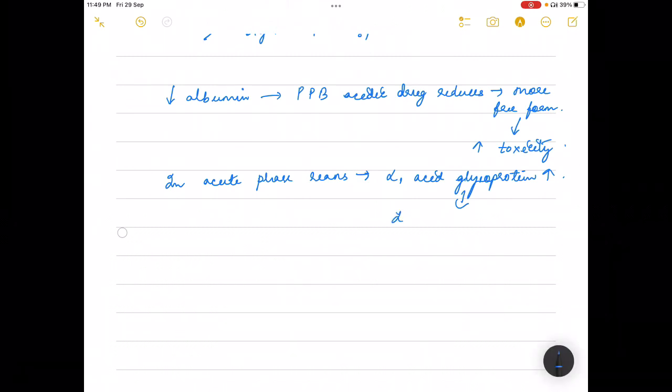So more bound forms, so there will be less action of the basic drugs. Another thing to remember is that drugs which have high plasma protein binding can give rise to displacement reactions with other drugs. And this results in various drug interactions.